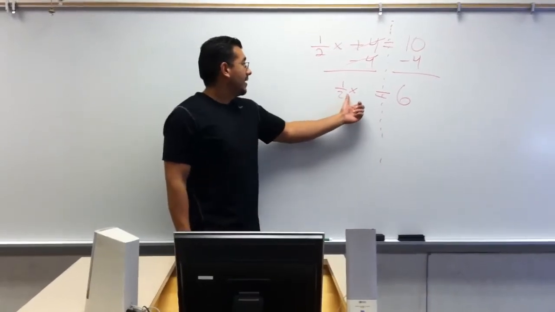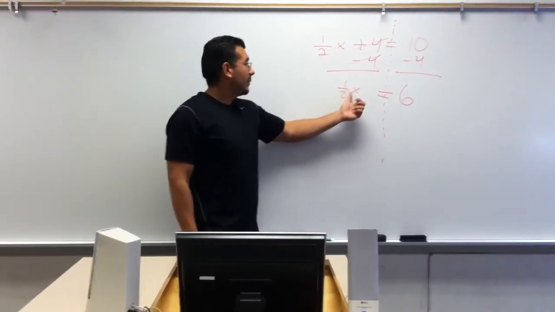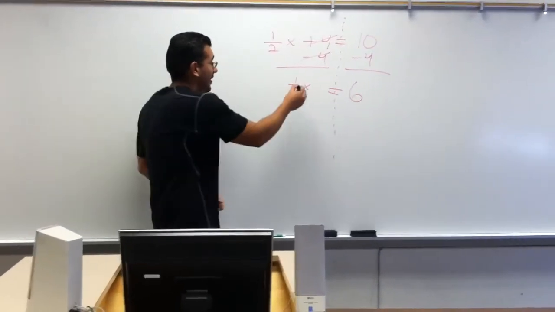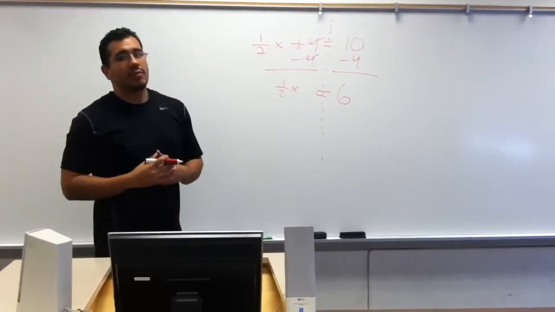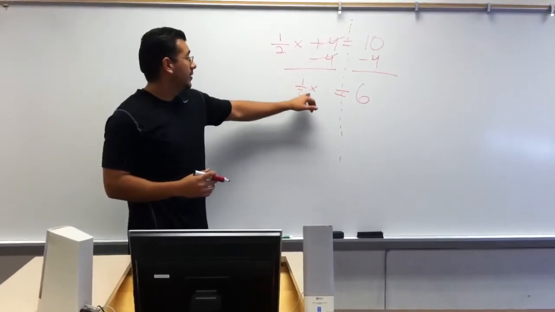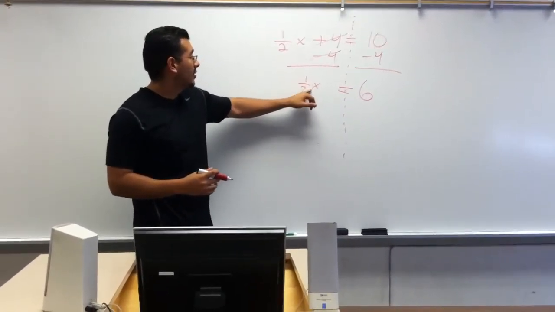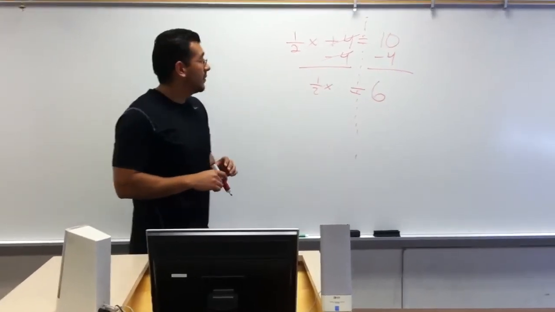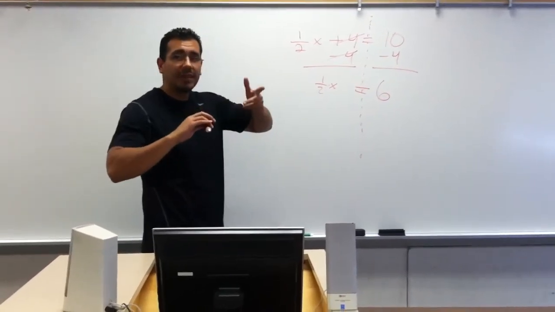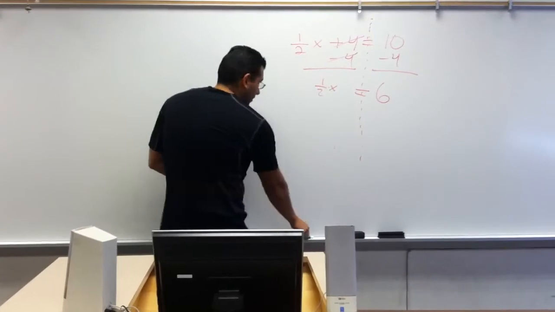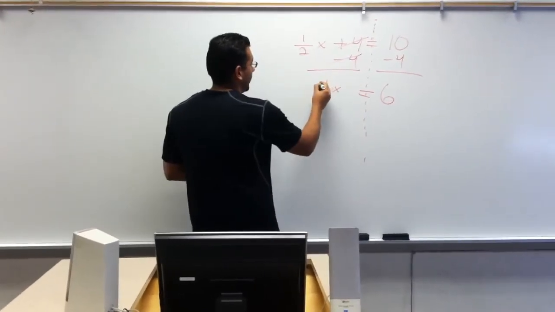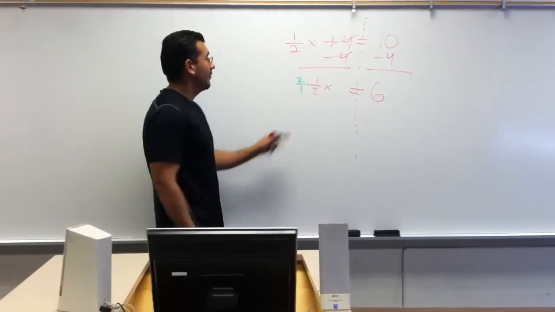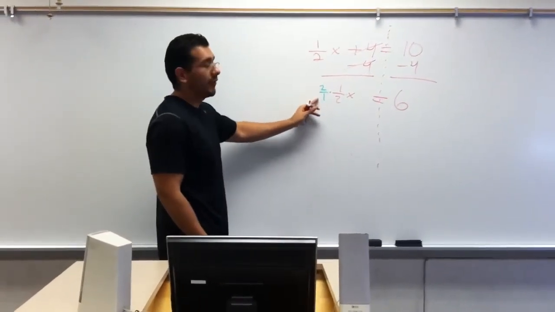Alright, so now what do we do? Well, when I have a fraction here, remember, we have 1/2 times x. So I want x to be by itself. So what's the opposite of, what's the reciprocal of 1 over 2? And just to remind you, the reciprocal just means we flip the numbers. So I'm going to multiply this by the flip of whatever this was. So the flip of 1/2 is 2 over 1.